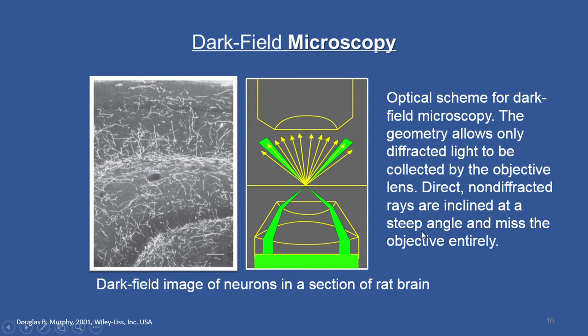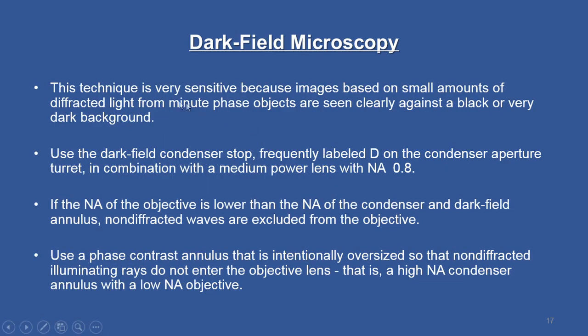It is a very simple design, and this technique is very sensitive because images based on small amounts of diffracted light from minute phase objects are seen clearly against a black or very dark background. If the numerical aperture of the objective is lower than the numerical aperture of the condenser and the dark field annulus, non-diffracted waves are excluded from the objective.